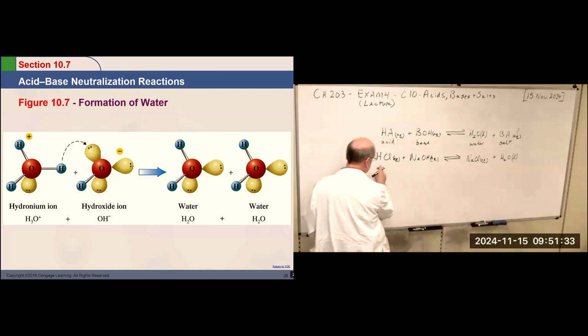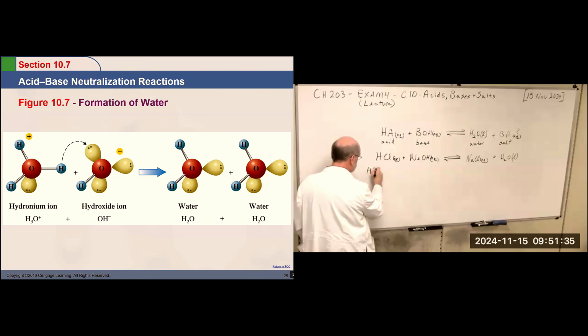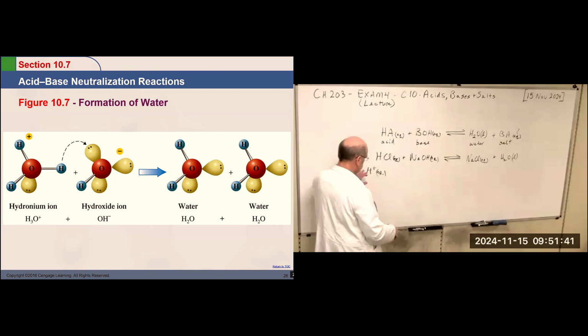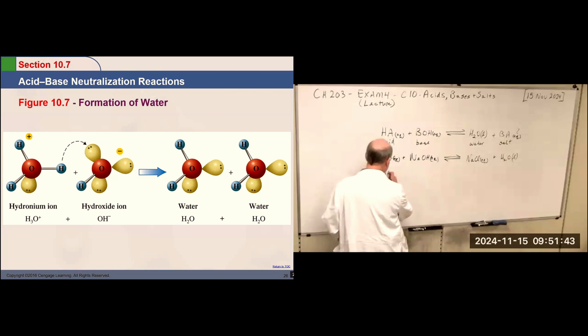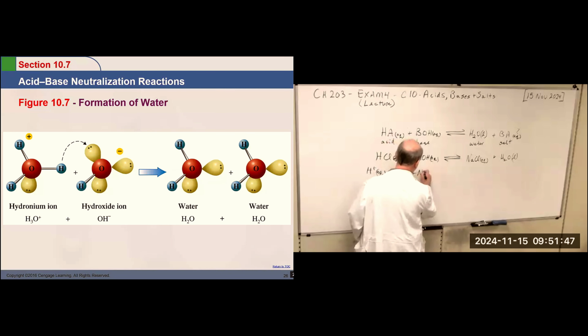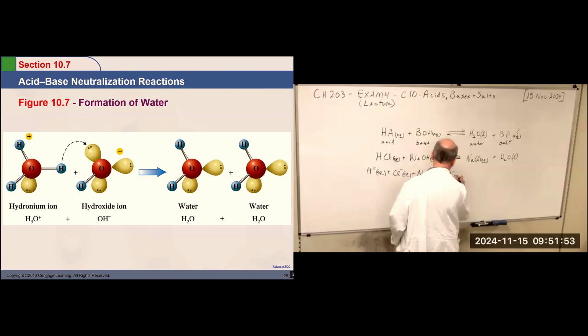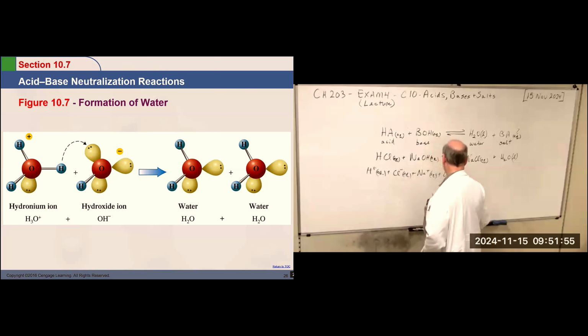In solution, this is actually going to be, and I'm using the abbreviated form, we know that's a hydronium. In solution, it would look like that. And this as reactants.